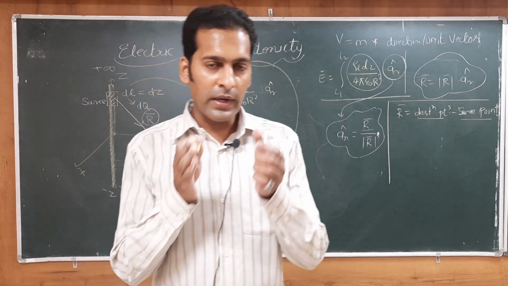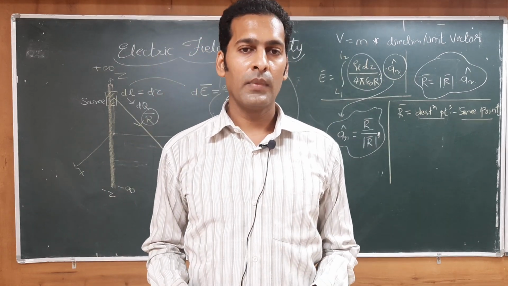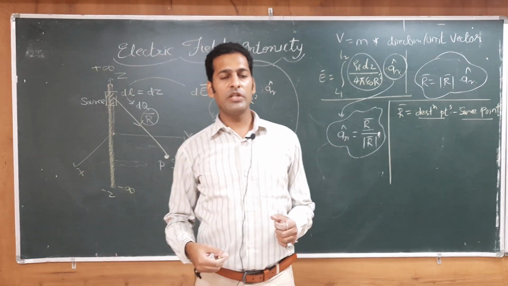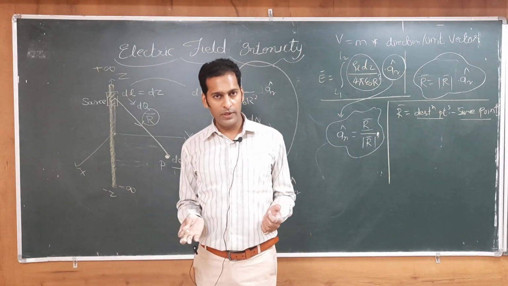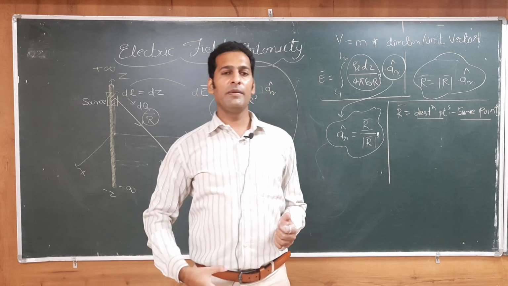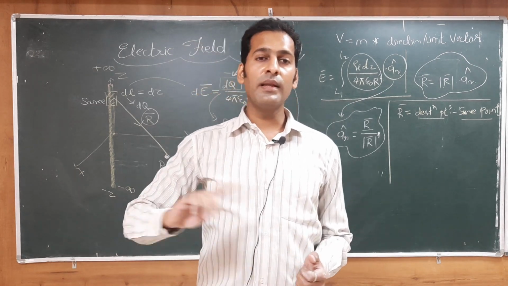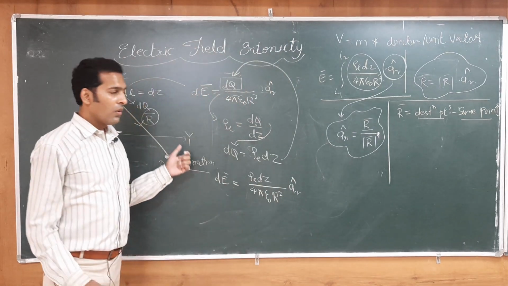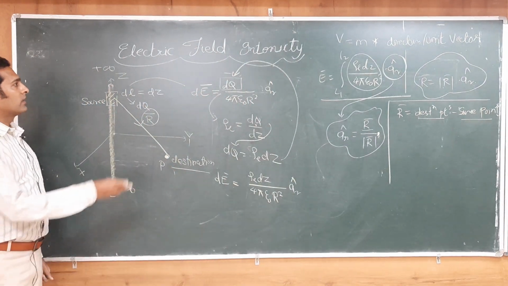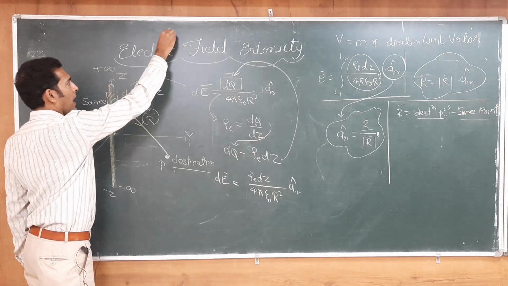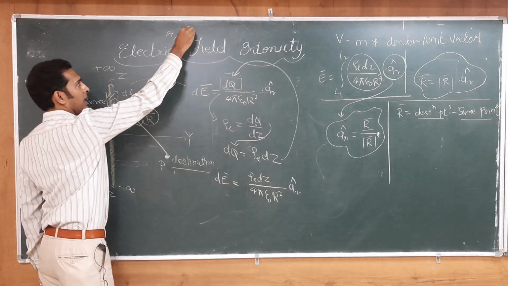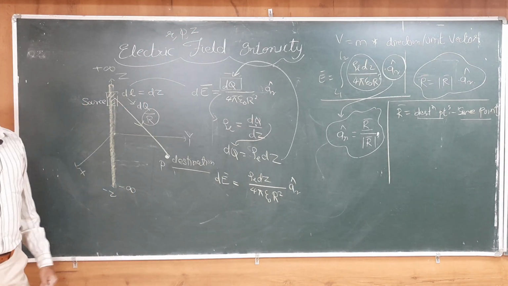The shape of the conductor is cylindrical. We are considering a wire placed on the z axis, and if we zoom in on the wire, it is nothing but a cylindrical shape. So we will consider the cylindrical coordinate system. In the cylindrical coordinate system we have three components: one is r, another is angle phi, and the third is height z.